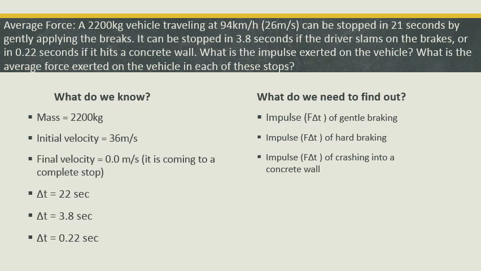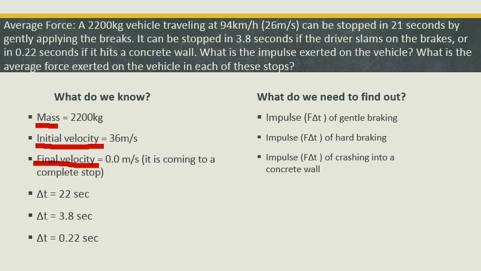What is the impulse exerted on the vehicle, and what is the average force exerted on the vehicle in each of these stops? Okay, we kick it off with a giant problem. So let's break it down. First of all, what do we know? Well, we know the mass, we know the initial velocity, and we know that we want to come to a complete stop, so we know that the final velocity in all of our problem is going to be 0.